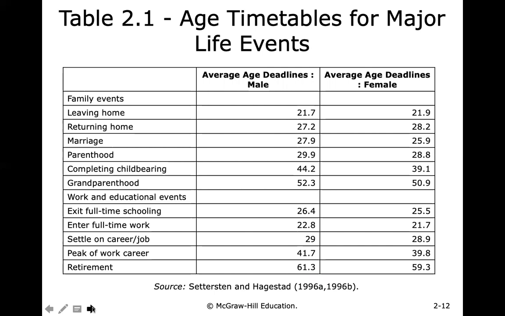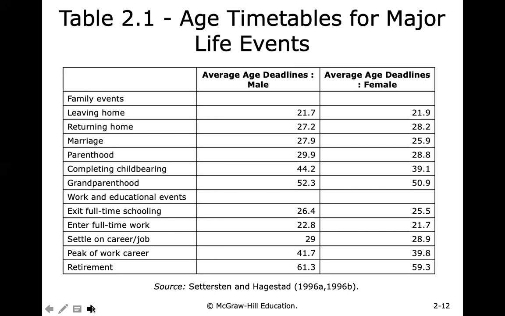Getting married, 27 and 25, which I think is interesting, that the returning home and the marriage time for men is about the same age. Parenthood, 29, 28 for women. Completing childbearing, 44, and 39 for women. So a man, obviously, can. In 1996, the age norm for completing childbearing was 44. For females, it was 39. Becoming grandparents, 52 and 50.